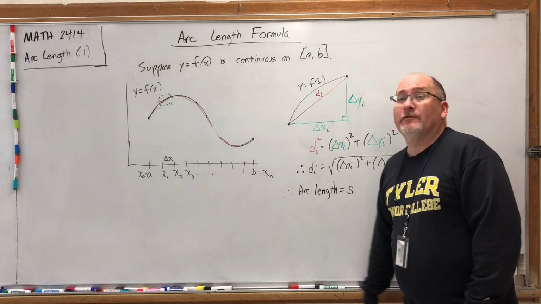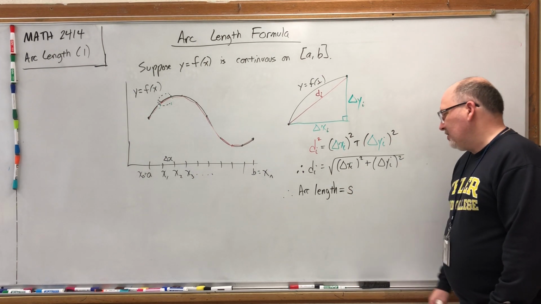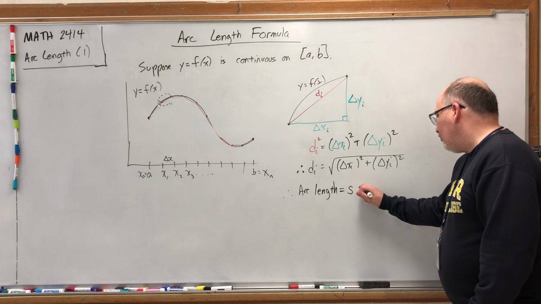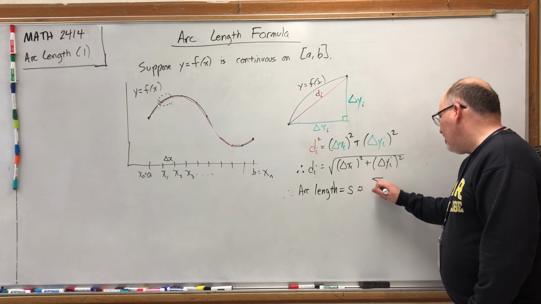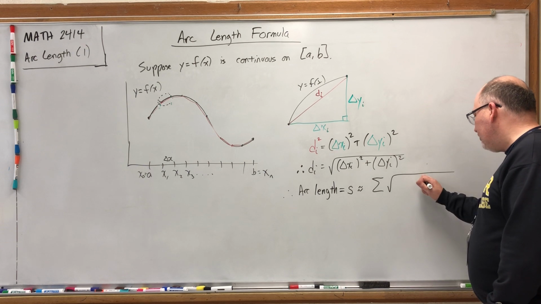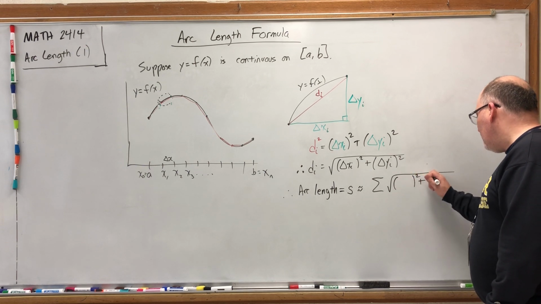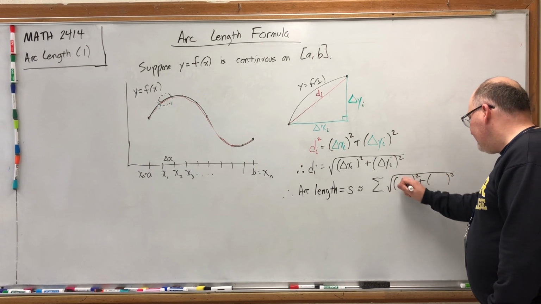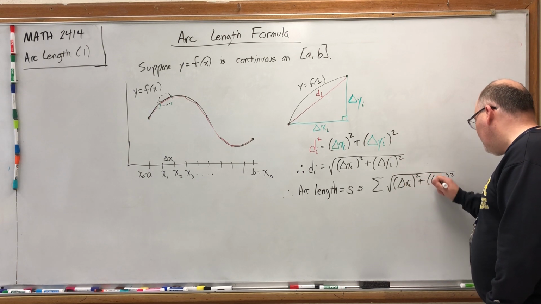From now on until forever, lowercase s means arc length. But that arc length is going to be approximately the sum of those distances. So the sum of the square root of the sum of the squares of the delta x and delta y.